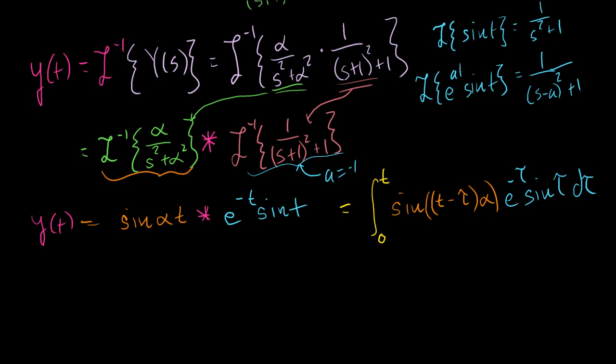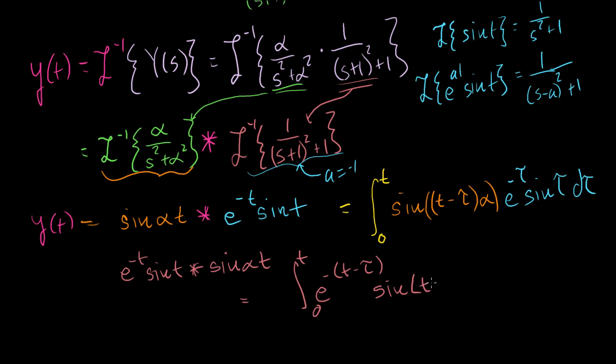We could have written this expression as e to the minus t sine of t convoluted with sine of alpha t. And that would be equal to the integral from 0 to t of e to the minus t minus tau sine of t minus tau times sine of alpha tau d tau.